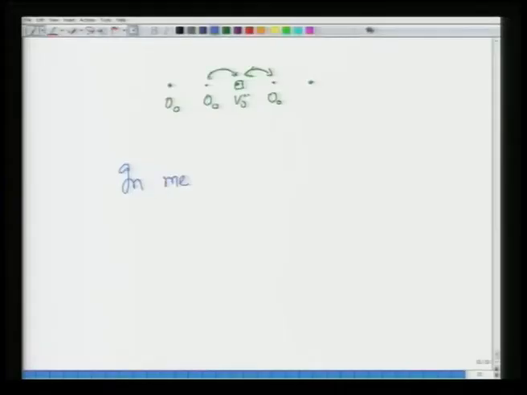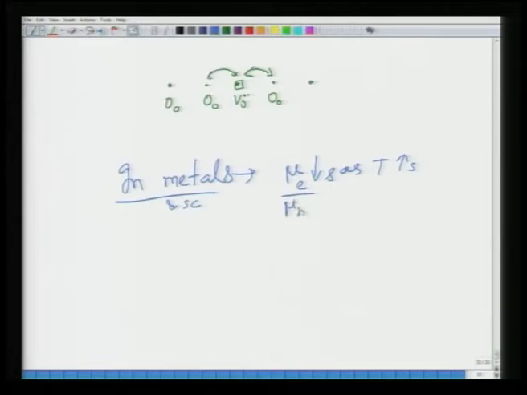So, basically to summarize this part, in metals and semiconductors, mu decreases as temperature increases. So, this is mu electronic or mu hole.